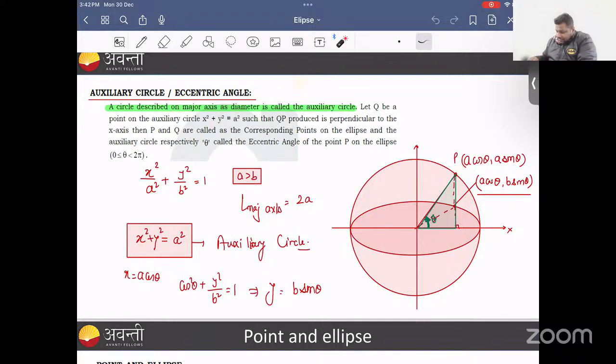So in this case, the auxiliary circle will be x square plus y square is equal to a square. Got it?